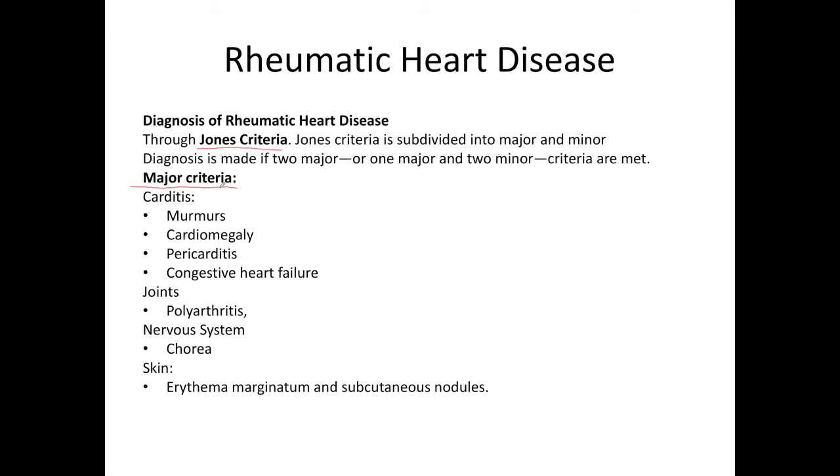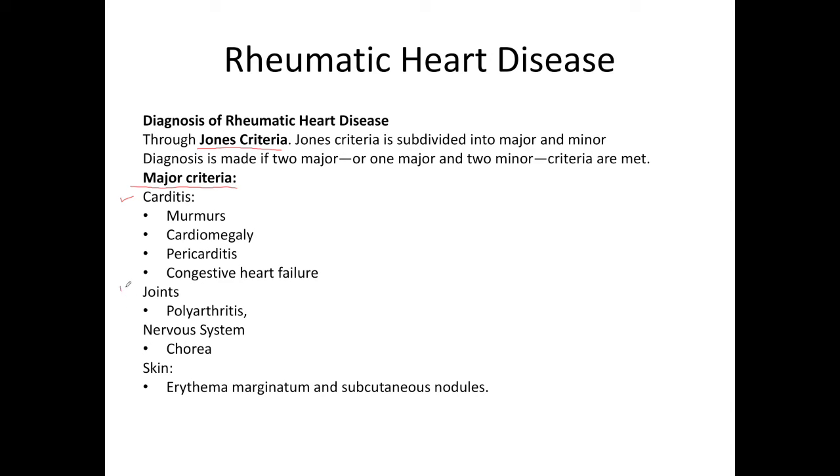If an individual presents with a history of carditis, which means they might have murmurs, on radiographs they have cardiomegaly, or pericarditis. Recall that pericarditis may be evidenced by a pericardial friction rub, or if they have evidence of congestive heart failure. These will be major criteria for carditis.